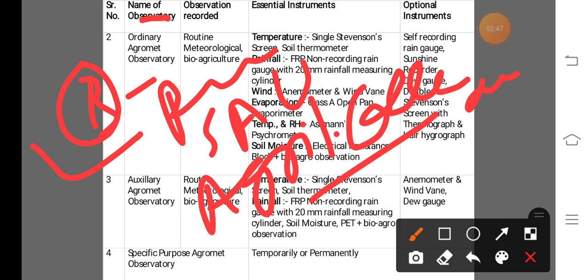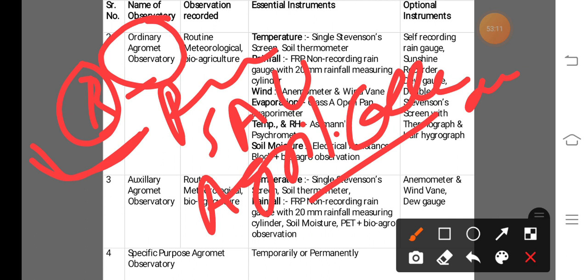This point is important for the practical and exam purposes. That means there may be a possibility to ask the question, which type of agromet observatory is established or installed in your college campus, and the answer is B type agromet observatory, that means ordinary agromet observatory.